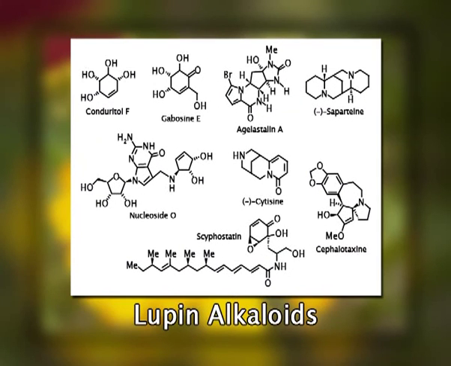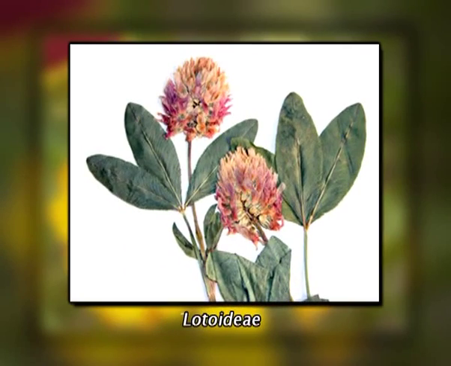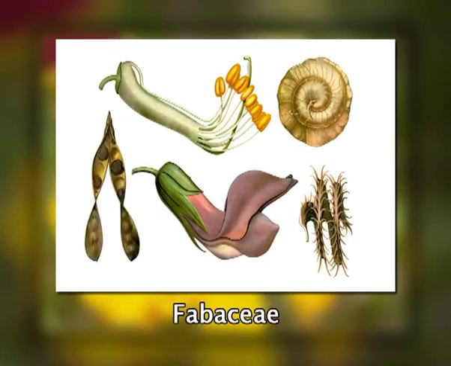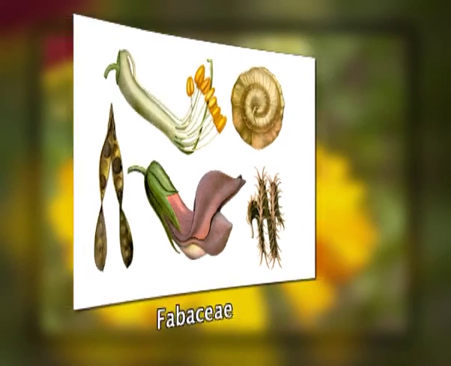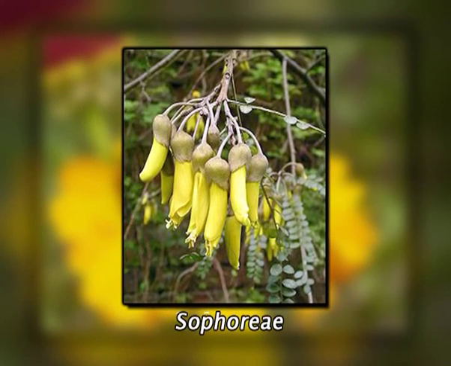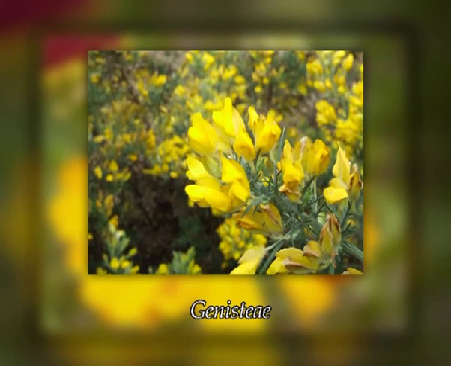Number two, lupin alkaloids have been found in three tribes under the subfamily Lotoideae of the Fabaceae, viz., Sophoreae, Genisteae, and Podalyrieae, which suggests that these tribes may have originated from a common ancestral stock.